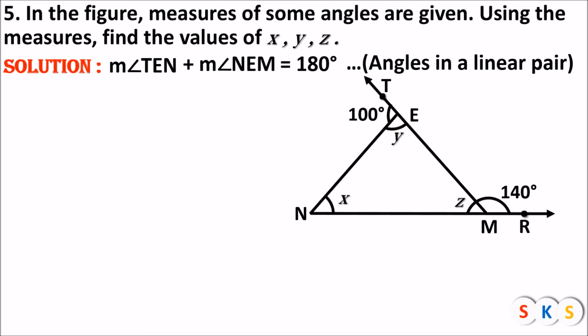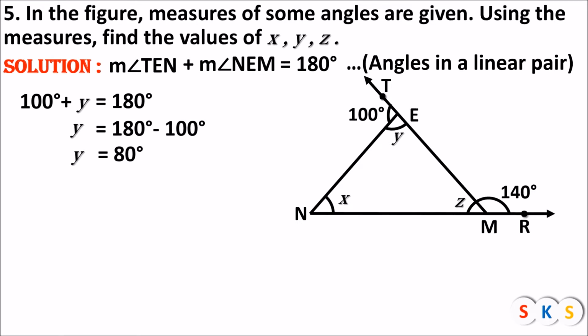Therefore, measure angle TEN plus measure angle NEM equals to 180 degree. Now we will substitute here measure of angle TEN, that is 100, plus y, that is NEM is given as y, equals to 180 degree. Therefore y equals to 180 minus 100 degree. Therefore y equals to 80 degree.